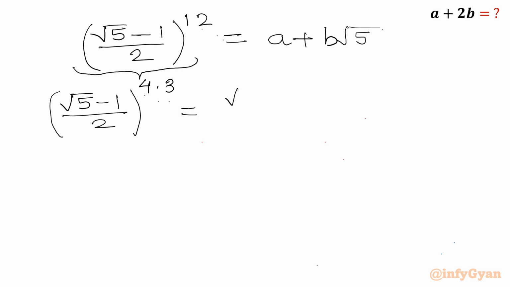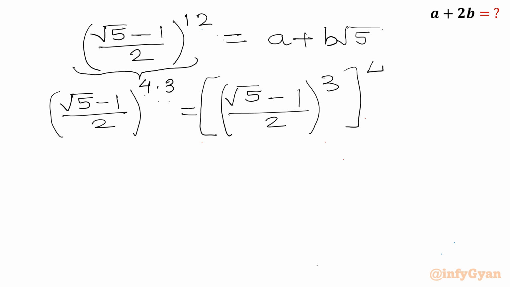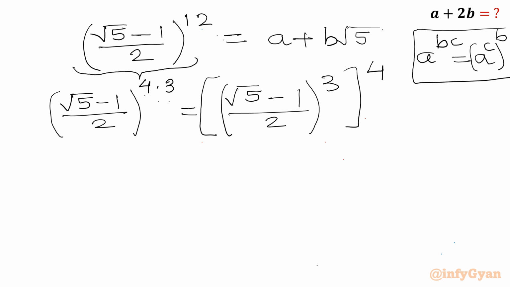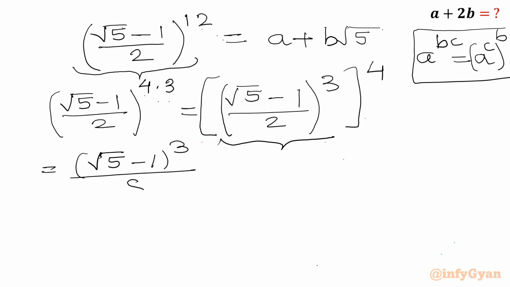So root 5 minus 1 over 2 whole power 3 and then whole power 4. As per our exponent property, a power b times c, anytime we can write a power c whole power b. Let us expand this. So I can write here root 5 minus 1 whole cube over 8. 2 cube is 8. And then we will consider power 4.